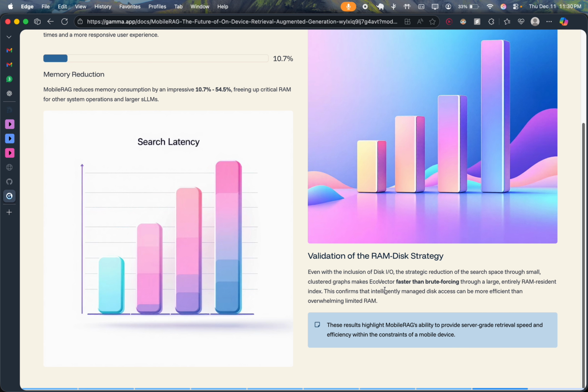Validation of the RAM-disk strategy, even with the inclusion of disk IO: the strategic reduction of the search space through the small cluster graphs makes EcoVector faster than the brute force search approach.